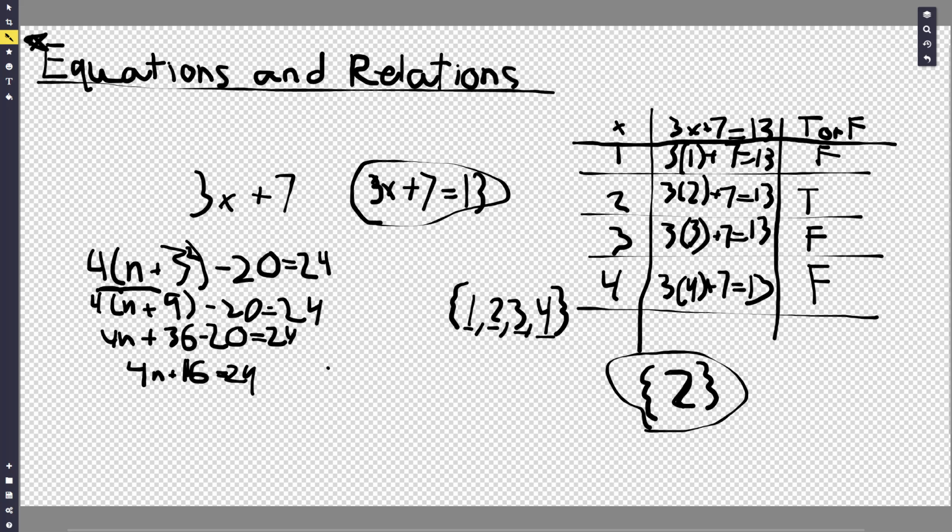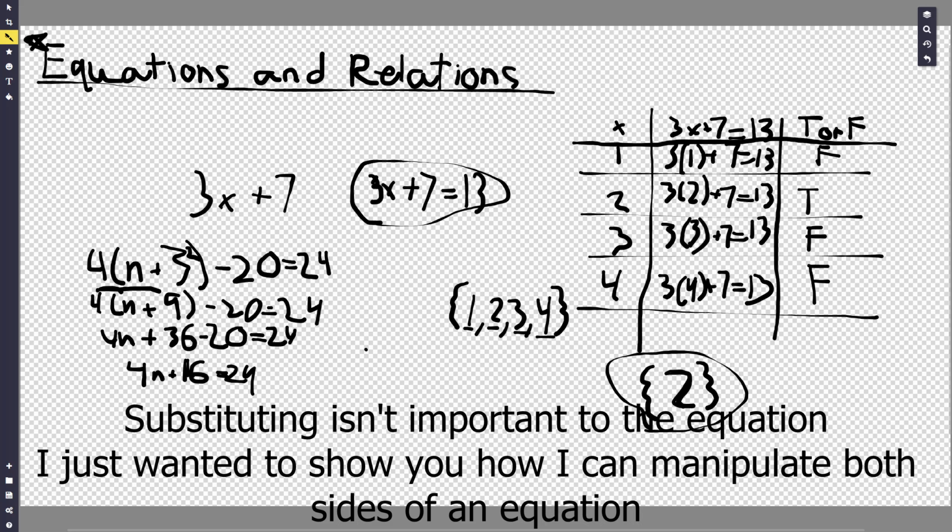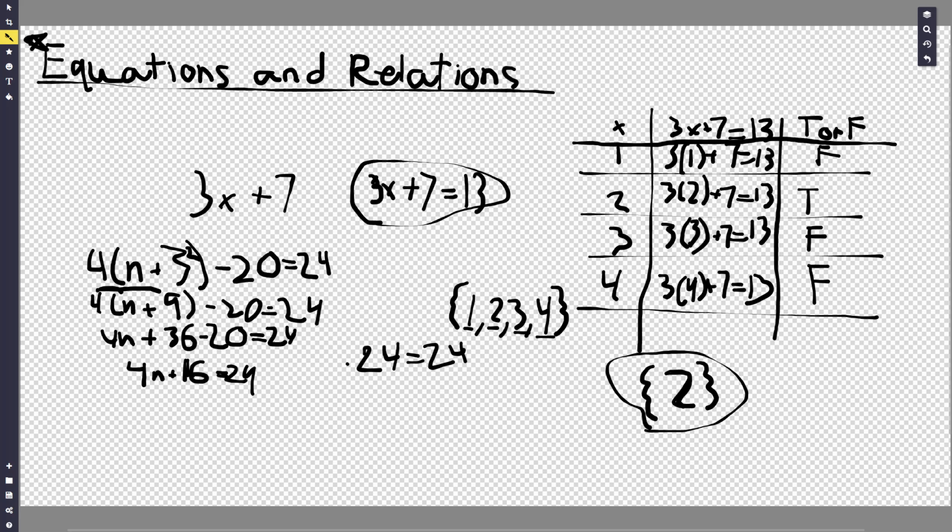We're going to assume that 4n plus 16 is equal to 24, right? So let's substitute it. We're going to say 24 is equal to 24. So we're going to substitute this side for 24, right? Now that we have something like this, if they're equal, then what if I want to change this?